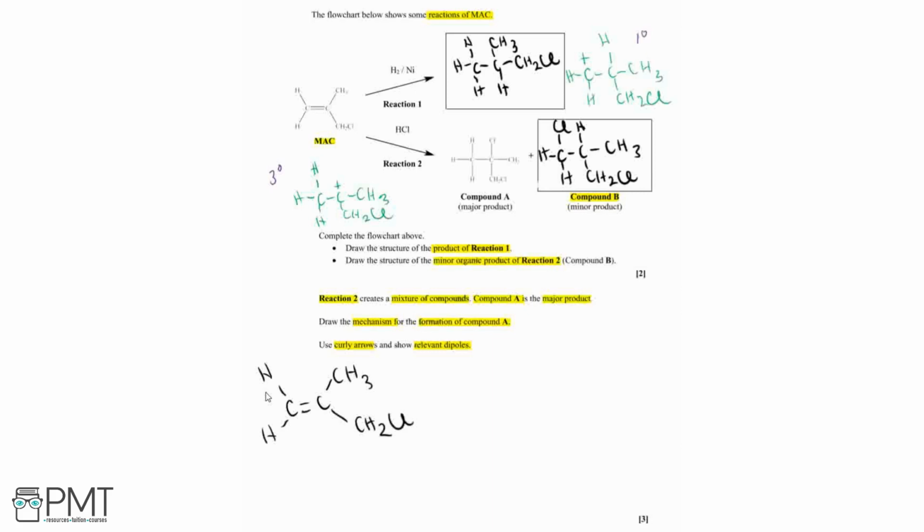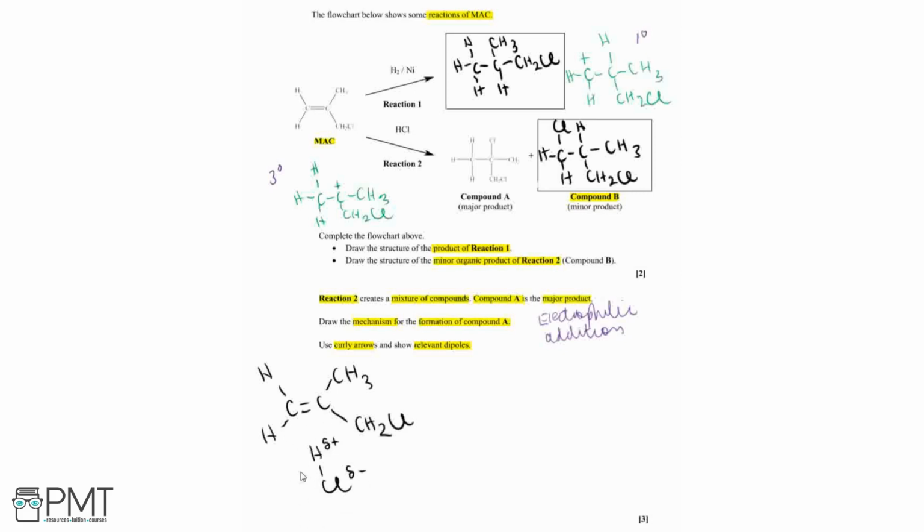So this is going to be reacting with HCl, and this is an electrophilic addition reaction where our HCl is acting as an electrophile, and the reason why is because the chlorine is more electronegative than the hydrogen, therefore generating a permanent dipole where we've got our partial charges on these atoms.